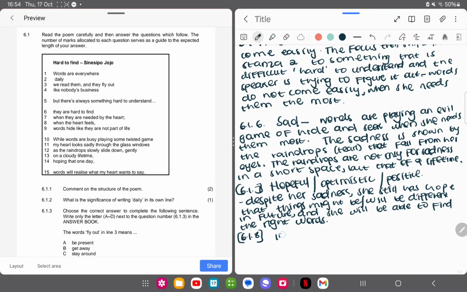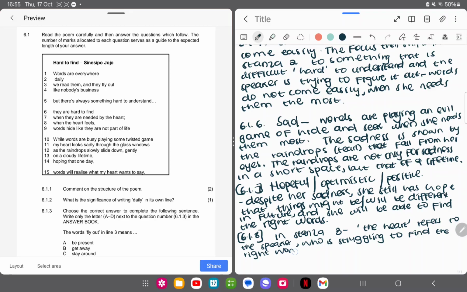So we can say in stanza 3, and quote, the heart refers to the speaker who is struggling to find the right words to express herself.